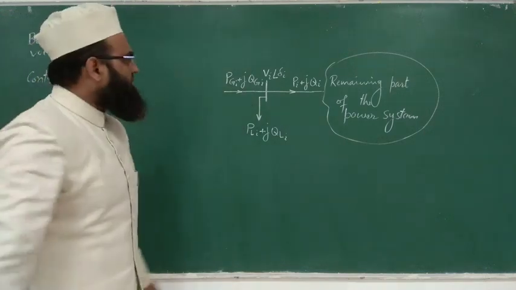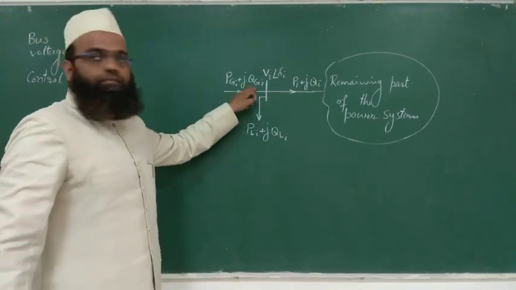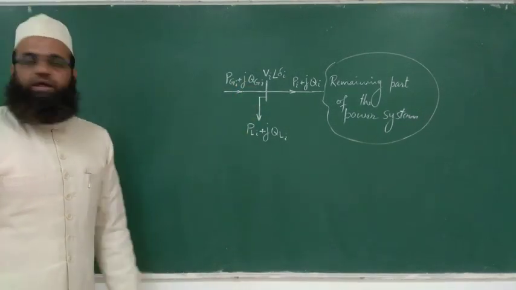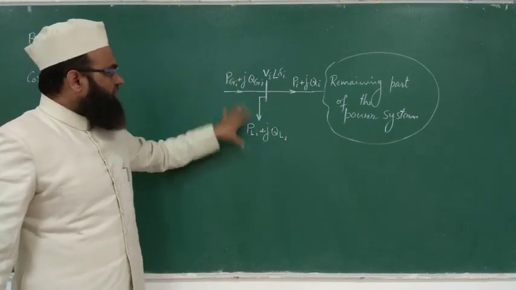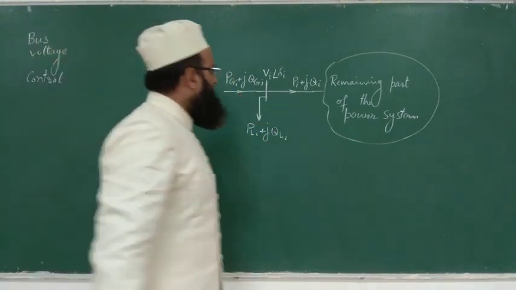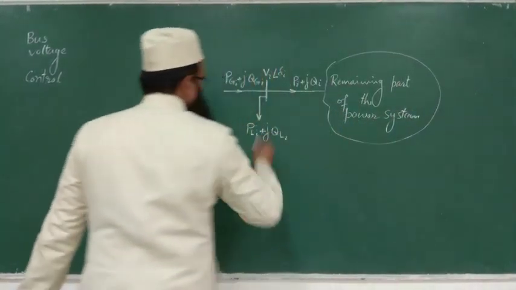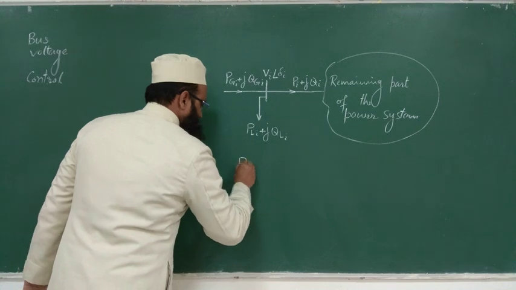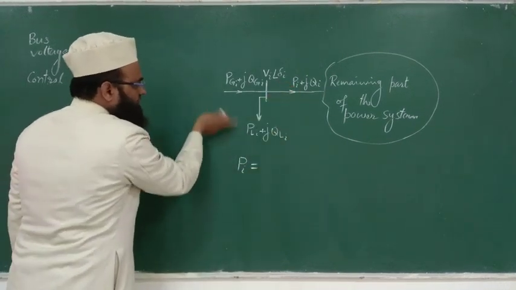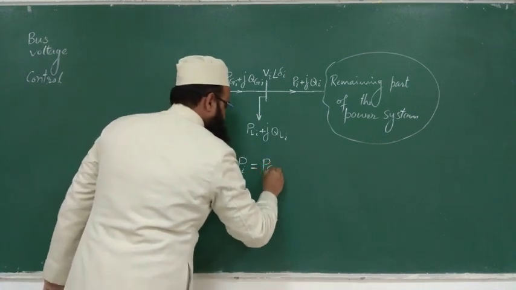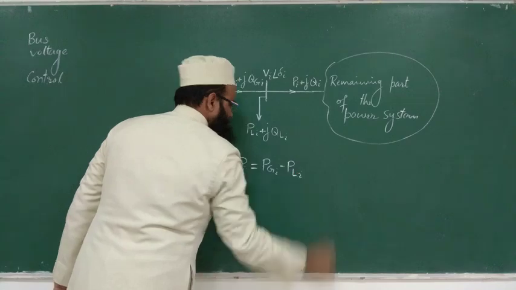For any bus, the ith bus, PGi plus j QGi is the net generated power injected into the bus. This is the net load. So the difference of the corresponding active and reactive powers will be Pi plus j Qi. It means we may write Pi is nothing but the difference of these two real parts, PGi minus PLi.